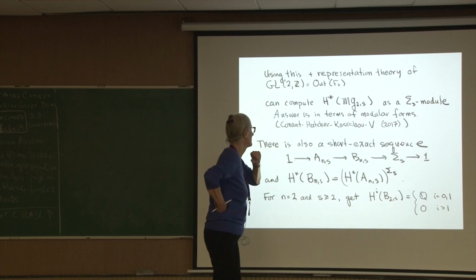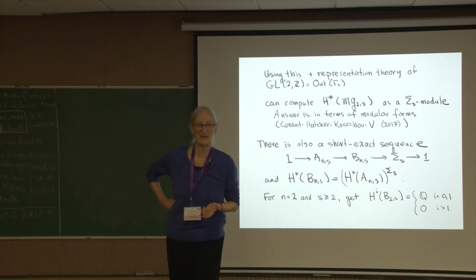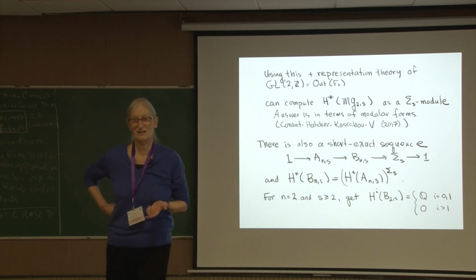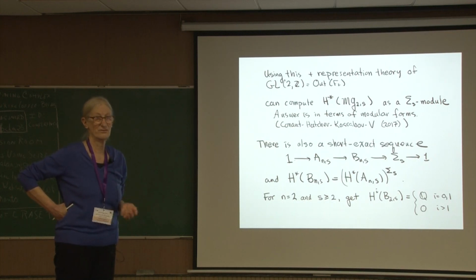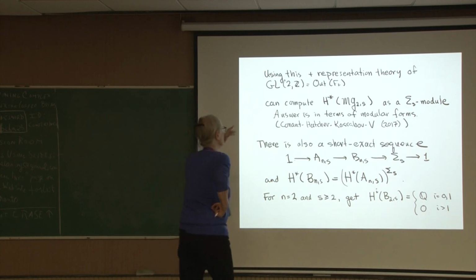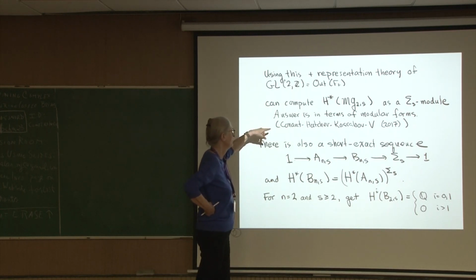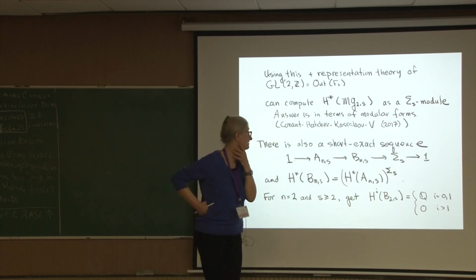And the answer turns out, not surprisingly, because you're talking about GL2(Z), to be in terms of modular forms. So you're getting some very interesting cohomology classes appearing that correspond to modular forms. Anyway, that's been completely calculated by Conant, Hatcher, Kassabov, and myself in 2017.